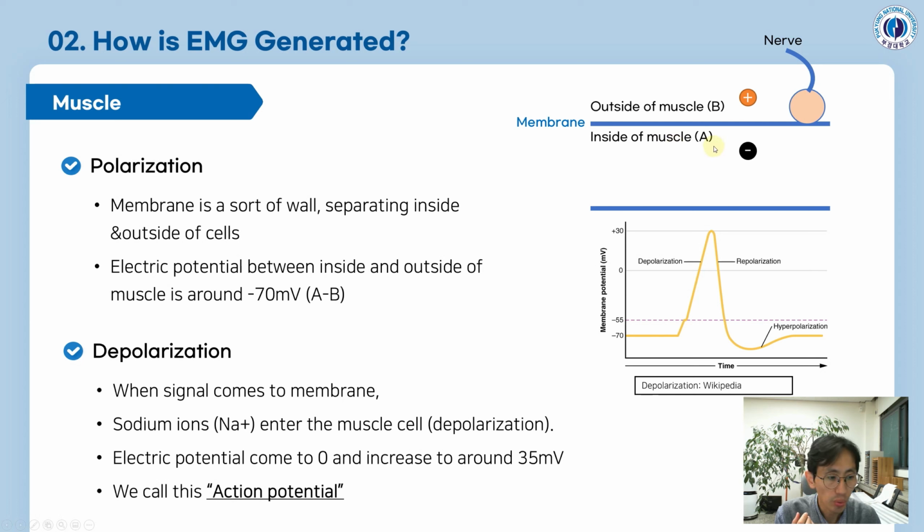This is caused by many reasons, but I do not want to talk about those. This potential is around minus 70 millivolts. So inside is minus and outside is plus. This is a relative potential.